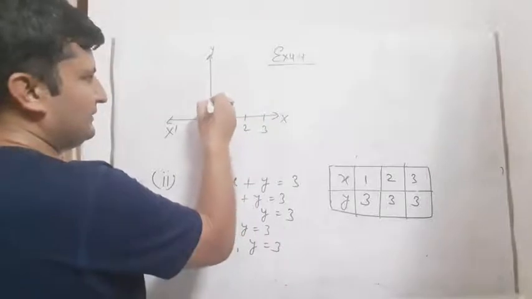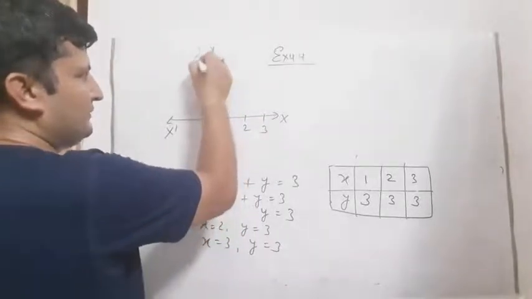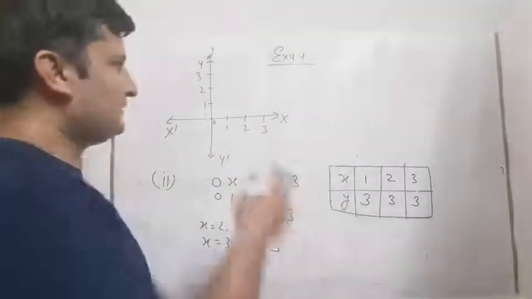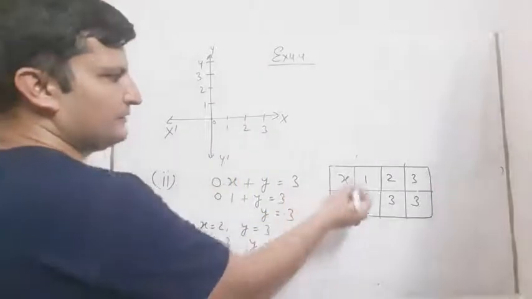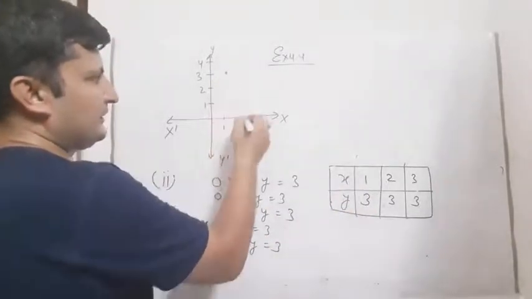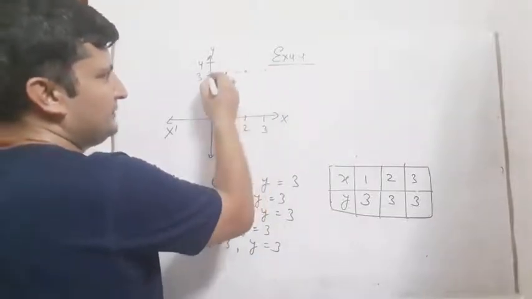Similarly here 1, 2, 3, 4, like this. All the values are positive, so it will be in the first quadrant. So what will we do? If x is equal to 1, the value of y is equal to 3. x is equal to 2, y is equal to 3. x is equal to 3, y is equal to 3.